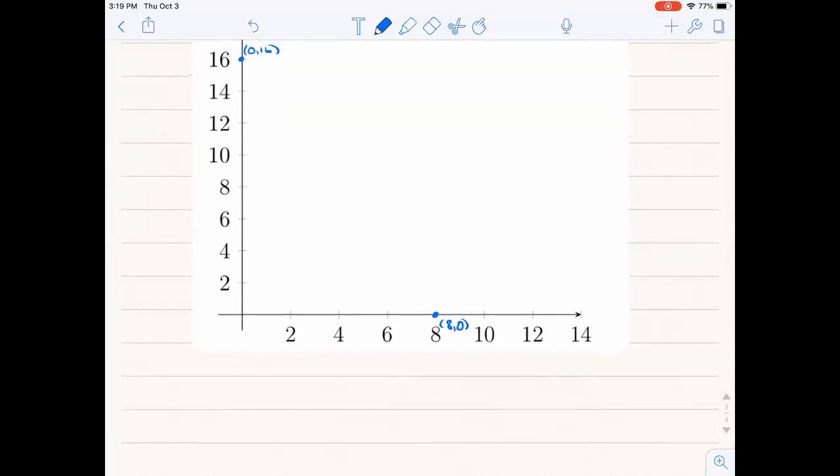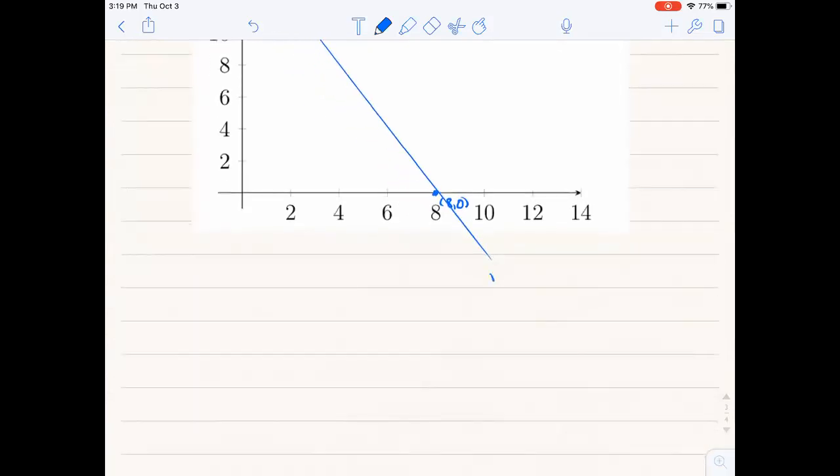So let's see if I can do it here. I sort of missed, but that's okay. All right. So here, I'm going to say that this is line 1, which we found had the equation y equals 16 minus 2x.